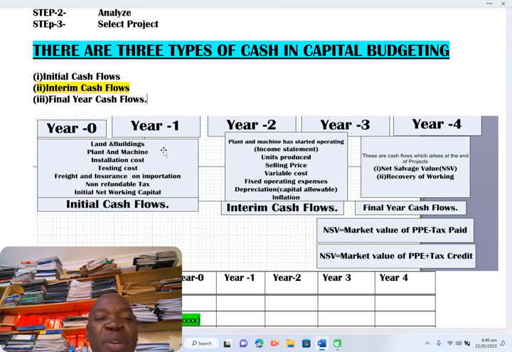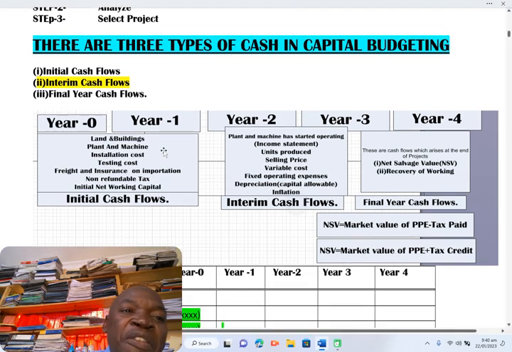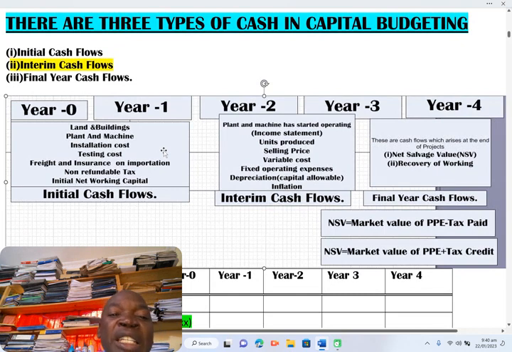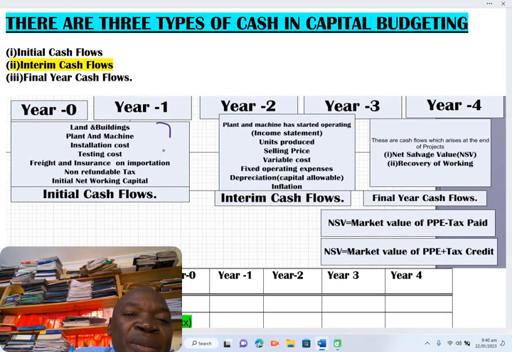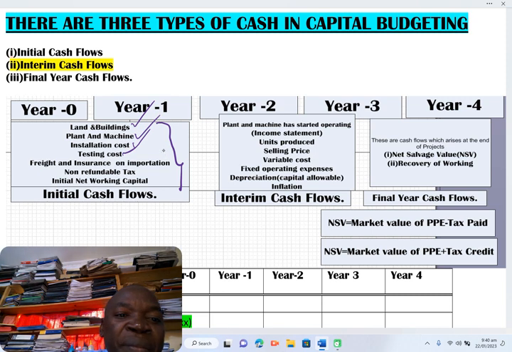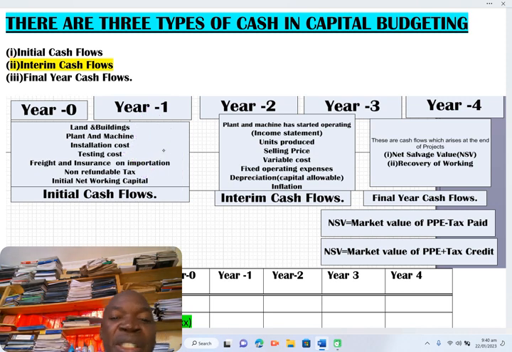That is investment; we call them initial outlay. So we have land, machine and plant, installation, testing, freight, insurance, non-refundable tax, net working capital, and others. Those are initial cash flow, which you incur when you start a project.